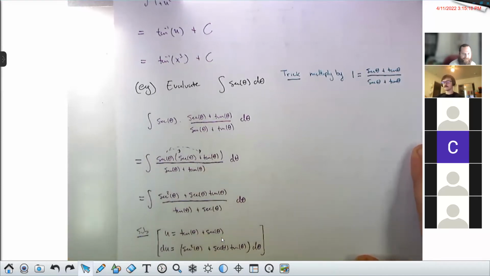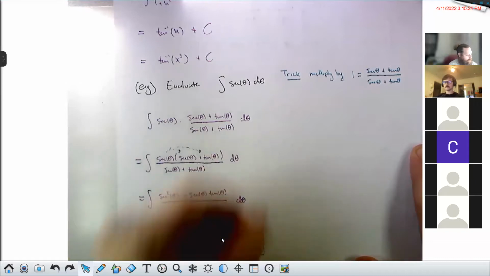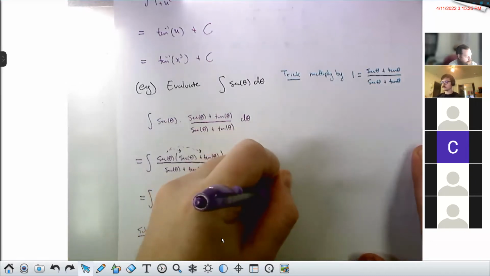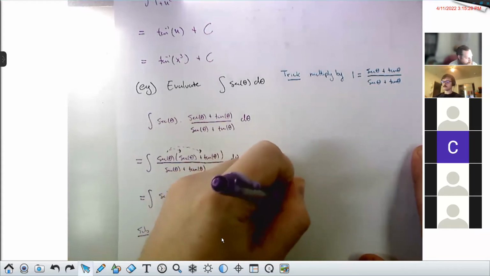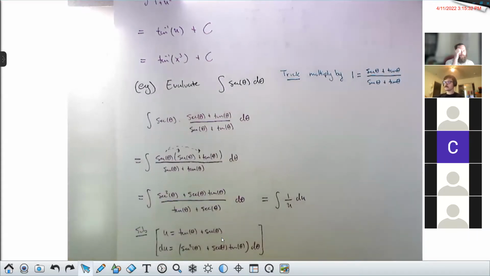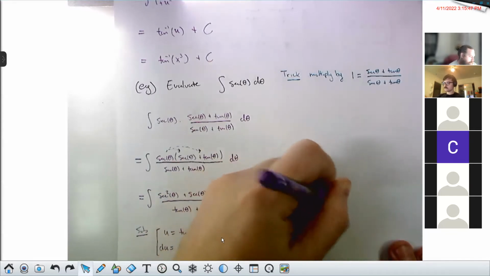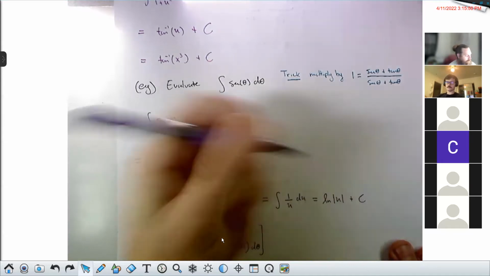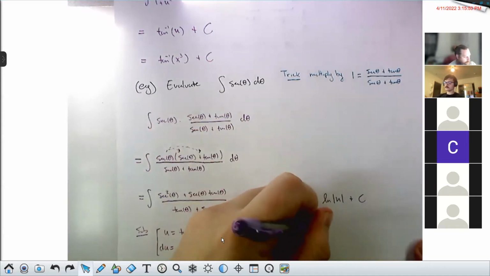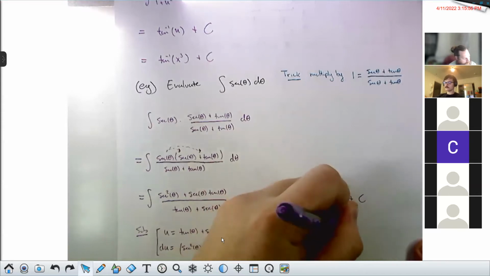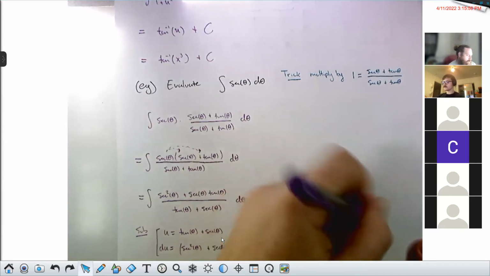Very sneaky. So under this substitution, this integral collapses into 1 over u du, which we know gives us the natural log of the absolute value of u plus c, which is going to be the natural log of, for whatever reason, we change the order back, secant plus tangent.